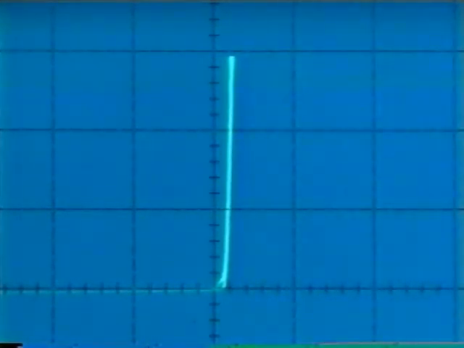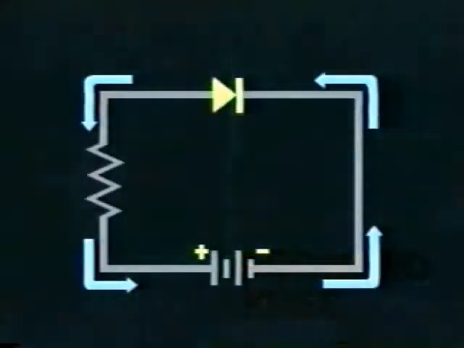The sharp turn in the curve at this point is known as the forward knee. Beyond the knee, the current will increase rapidly because once the barrier potential has been overcome, the diode will behave very much like a closed switch. In actuality, the diode does have some resistance, but this value is normally negligible.